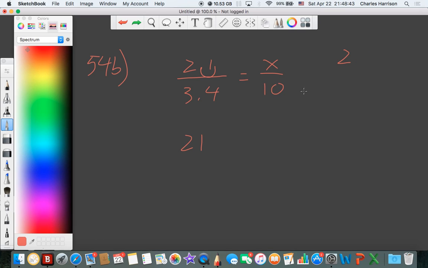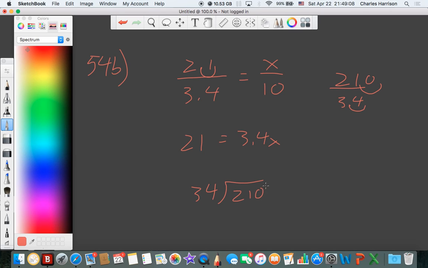All right. And then this times this equals 3.4x. Now, we need to divide by 3.4. So it's 21 divided by 3.4. We're going to move the decimal over because I don't want to deal with the decimal. And if we move the decimal there, we got to move the decimal here. So it's really 34 into 210. How many times does 34 go into 210?